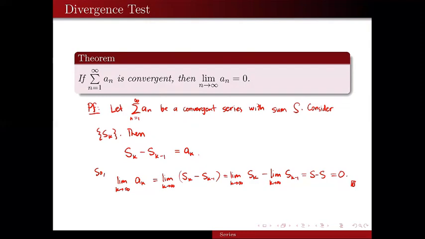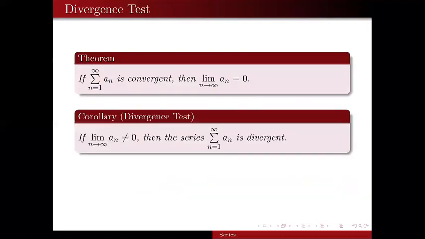So you have this. But this is the one we need. The corollary to this theorem. We call it the divergence test. It's actually the contrapositive of this guy here. So what does this corollary say?